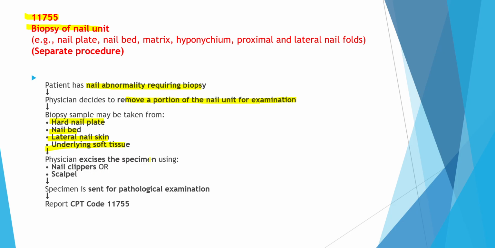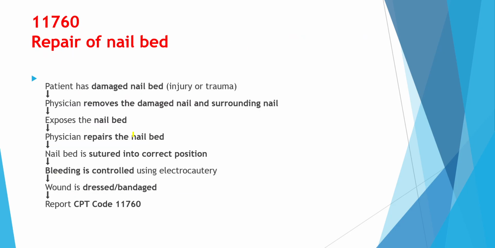The physician examines the specimen using clippers or a scalpel and sends it for pathology. Whenever the physician is performing the biopsy of the nail unit, if he is sending that specimen for pathology, you can code 11755.